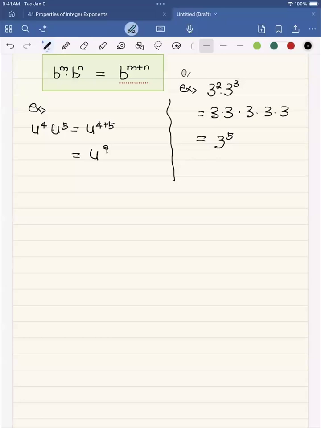The next important property is b to the m power over b to the n power, which is b to the m minus n power.